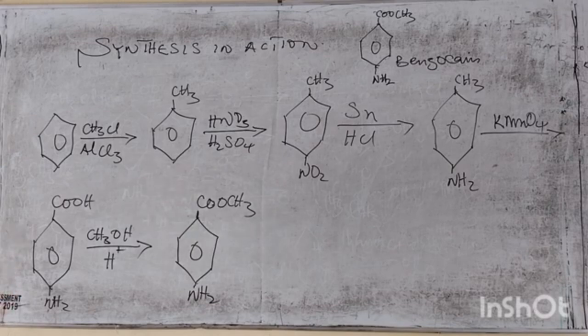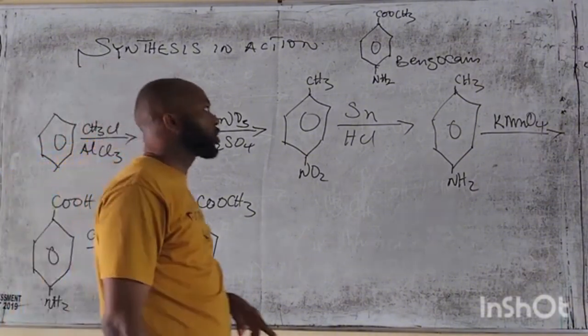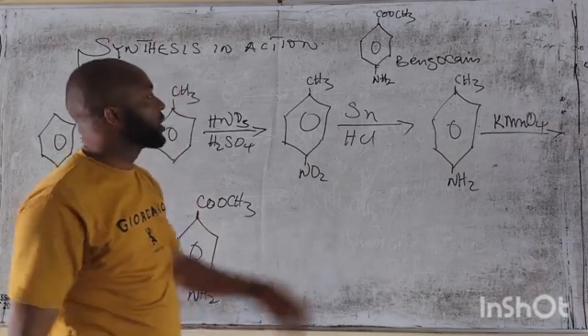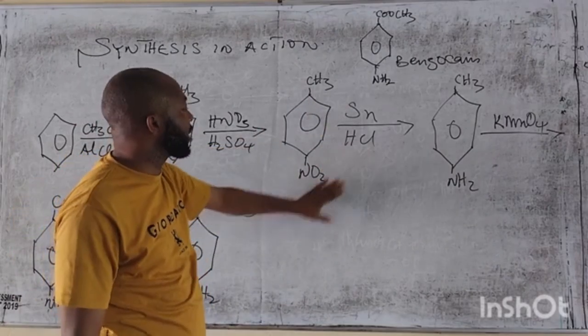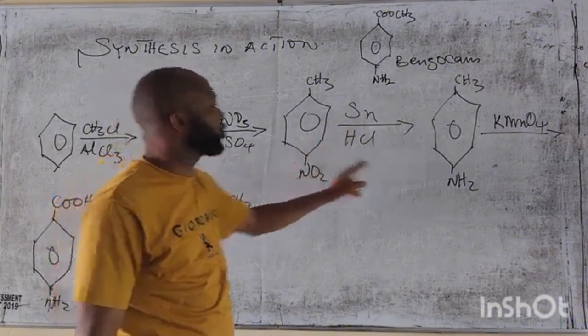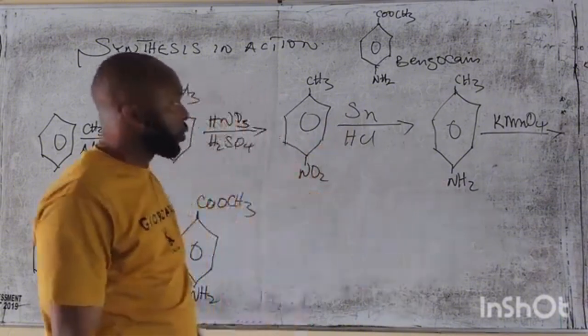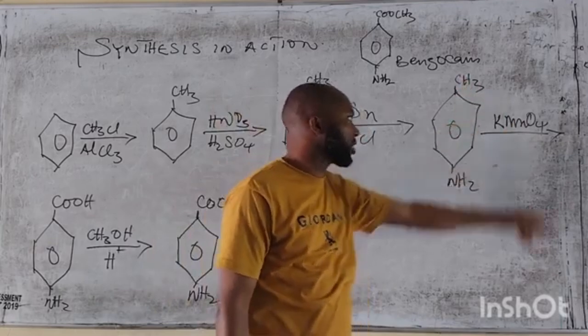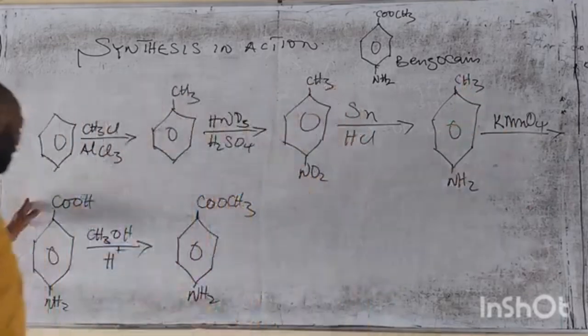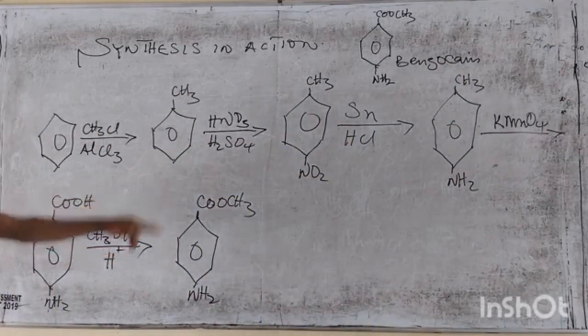And I was also informed that when I react this nitro group in the presence of this, it converts it to an amino group. And now we know that when we oxidize this, it gives us a carboxylic group. Here we are, and we esterify it to get that. We move on.